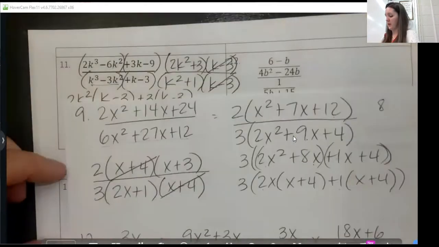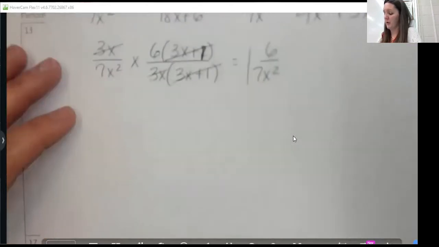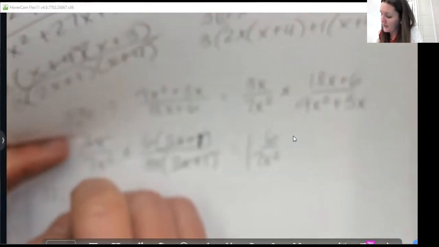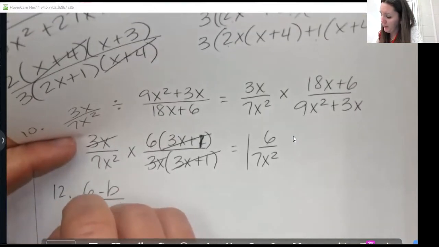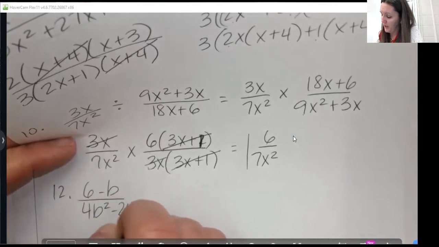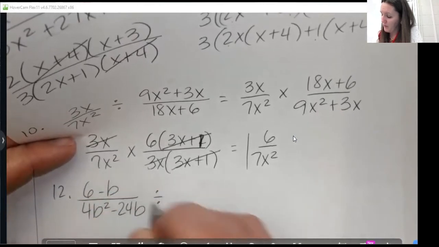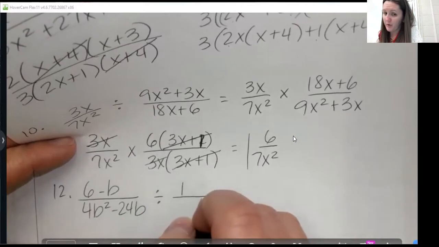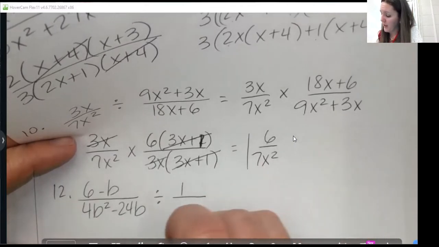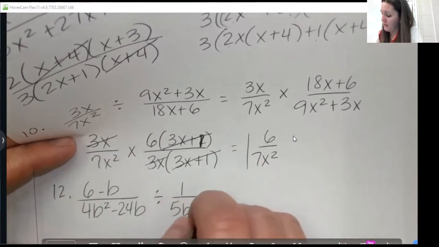All right, I feel like I keep running out of room. So on number 12, I'm going to do it right here. Number 12 says 6 minus b divided by 4b squared minus 24b. And this is another one of those divided. So I'm just going to write it horizontally. 1 divided by 5b plus 15.